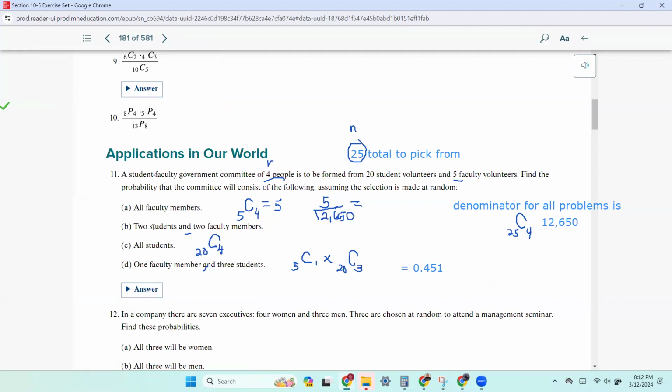So for this one, in the numerator, it would be the 2 come from 20. That's the student ones. And then this would be the 2 from the 5. And then down here would be the 25.